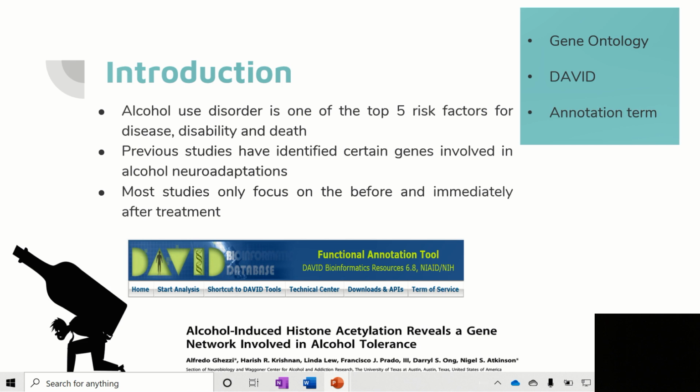Now, alcohol dependence or addiction stems from long-term adaptations in neural pathways that are related to habit formation, reward, dependence, and tolerance, or in other words, ethanol-induced ethanol tolerance. What's still unclear is how alcohol disrupts the homeostatic function to the point of perpetuating an addicted state.